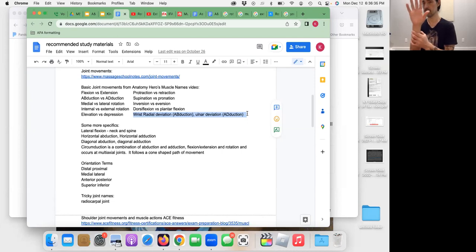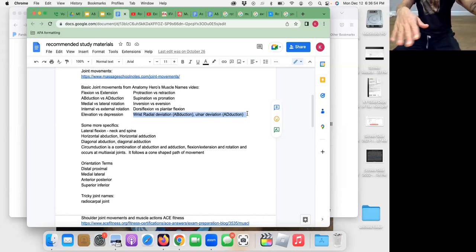So this is the radius, and this is the ulna. So radial deviation, and then ulnar deviation. Radial, ulnar, radial, ulnar. Looks like playing the piano, right?